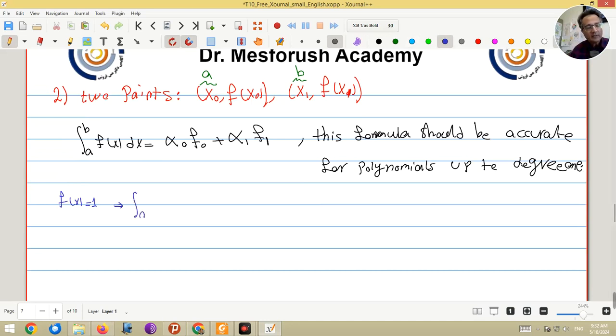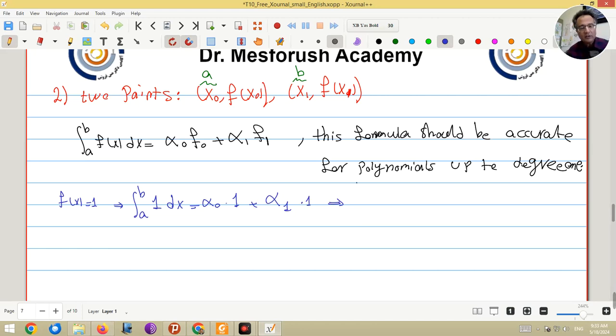and this gives the integral from a to b of 1 dx equal to alpha 0 times 1 plus alpha 1 times 1, because if f of x is 1, then f0, or f of a, should be 1.